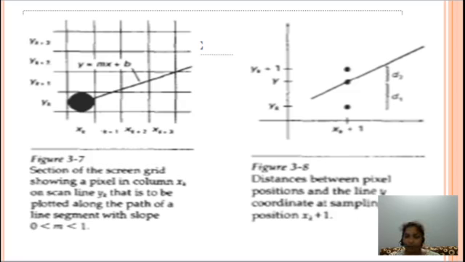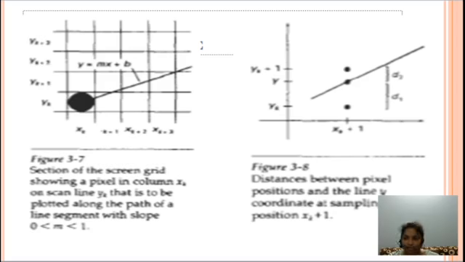Here y is the actual point, which is in between yk and yk plus 1. But we can take either yk or yk plus 1. y is some floating point number, so we cannot take that. We have to take either yk or yk plus 1.